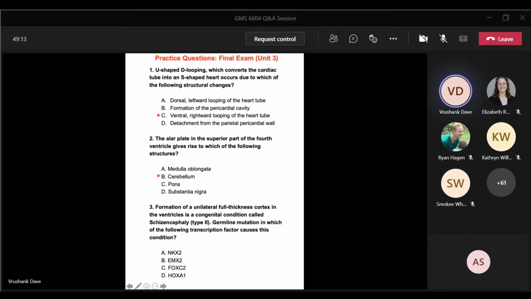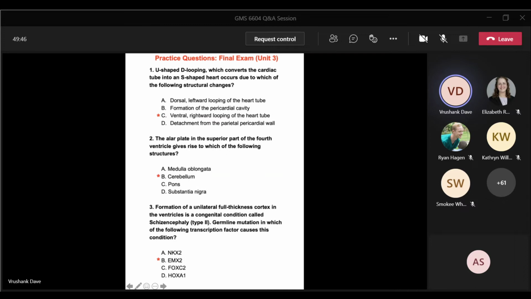On one side, you do not have ventricles, rather you have gray matter and white matter invading inside the telencephalon. You can easily see it on an MRI or even a CT scan, either one. You can see it as a mass rather than an empty space filled with cerebrospinal fluid. So that's EMX2, and I think Elizabeth is correct on that.